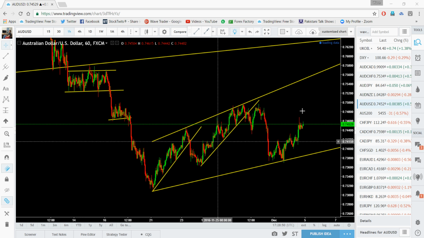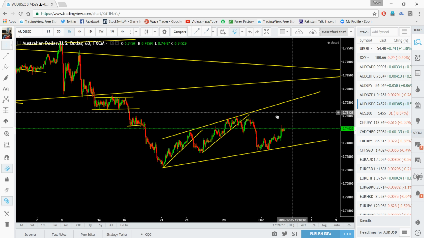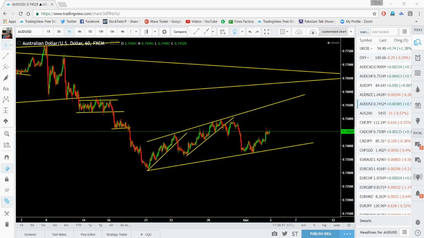Those who are holding their short from this place and did not change their stop loss to break even, move your stop to break even. Those who took some profit here and bought, they did well. So move your stop to break even here and watch for this. We're going to sell here again.